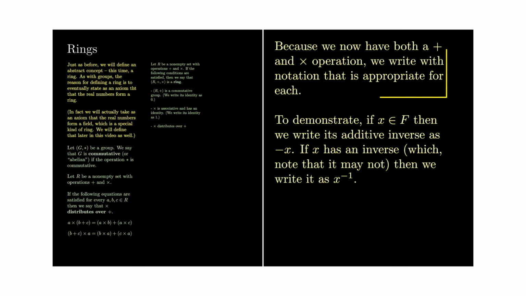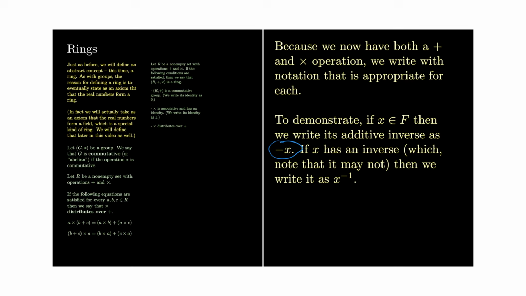So as I already mentioned, we're using the plus and times operation evocative of the numbers, even in the abstract case. We'll generally use plus notation for all kinds of things whenever we're talking about rings and the plus operation. So for example, when we were talking about groups, we typically used multiplication notation just as a default, even in the abstract setting.